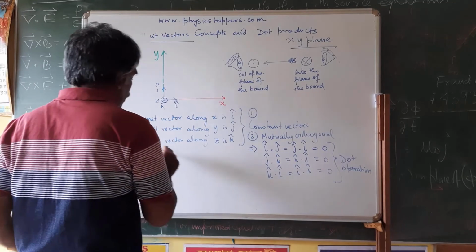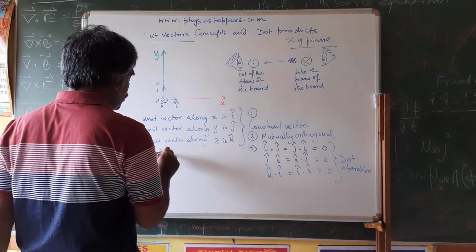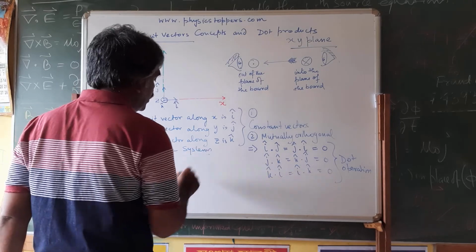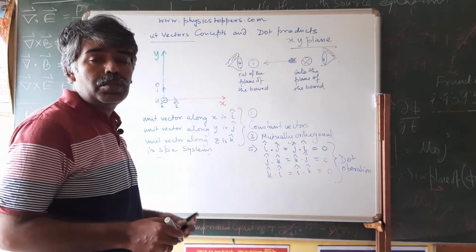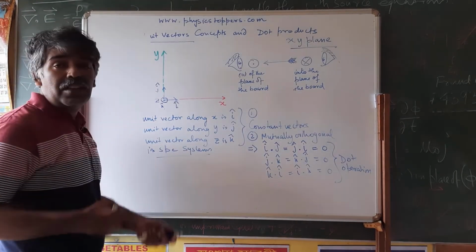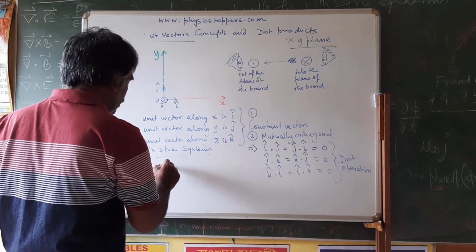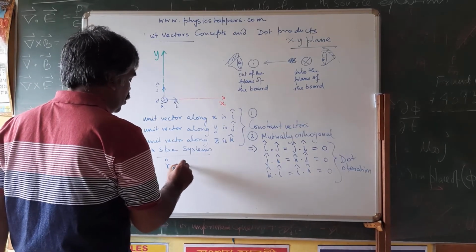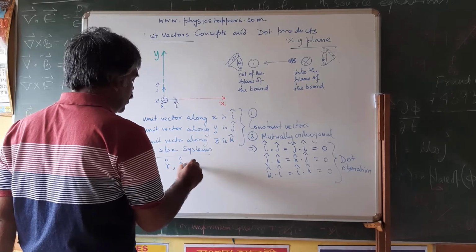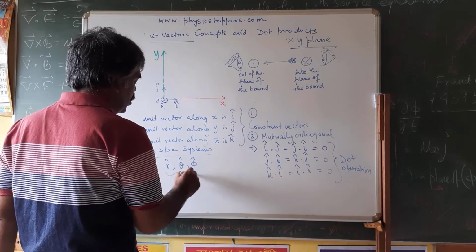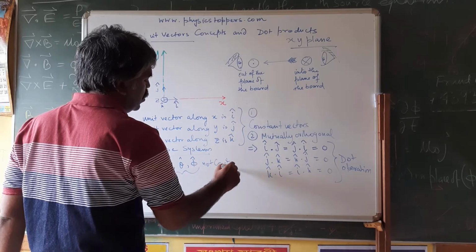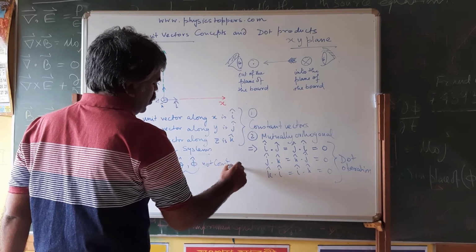Let me give you an example. In spherical polar coordinate systems, which I usually teach for JEE students, because handling problems with this coordinate system is very easy and less time consuming, you have three coordinates, and along r cap, phi cap and theta cap. These are not constant unit vectors.